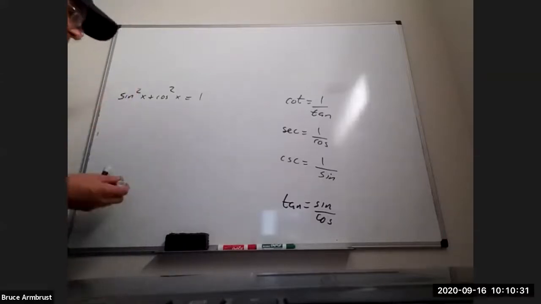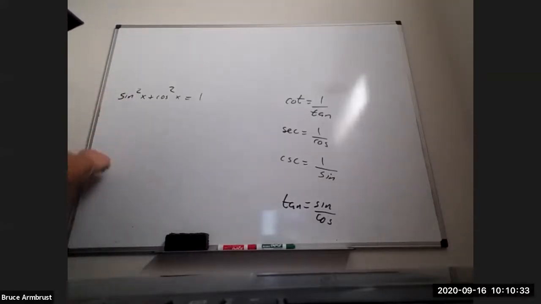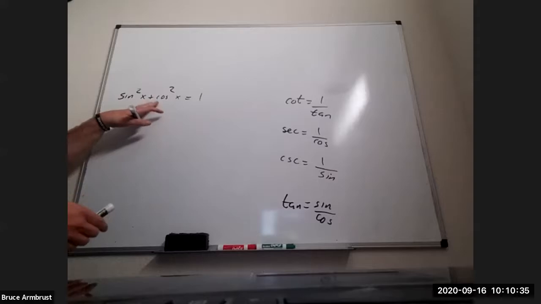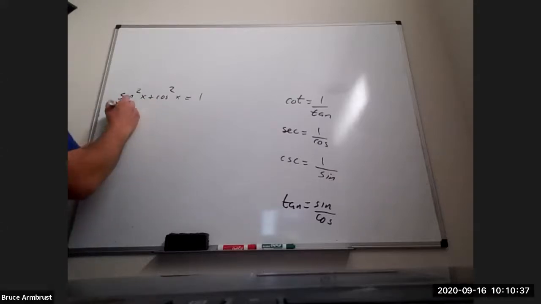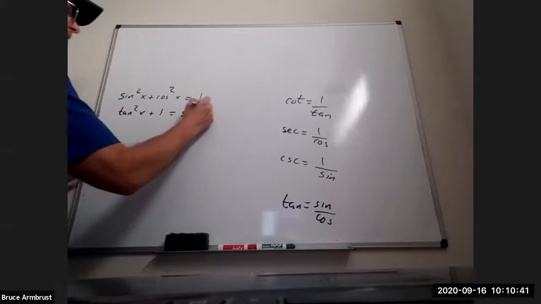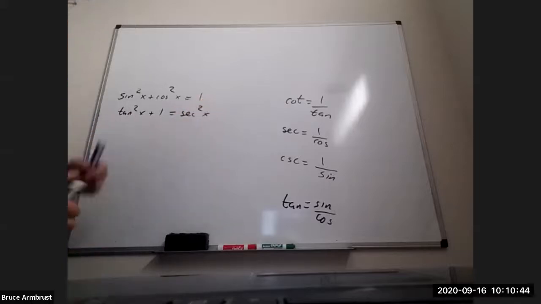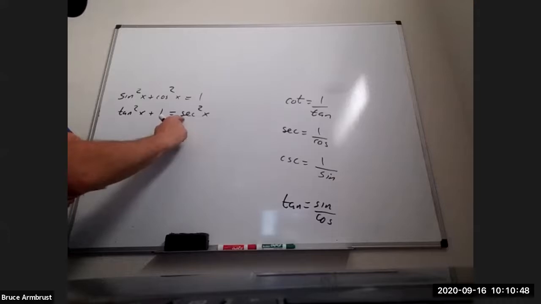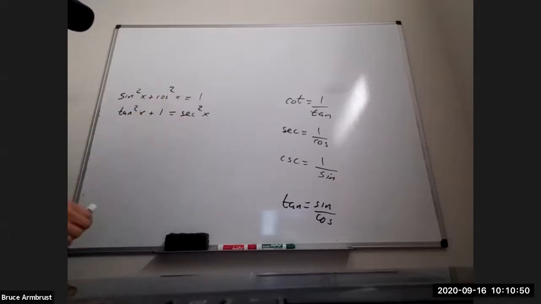Let me just show you 2 more identities real fast that are going to be useful. There's another one that's related to this. That's tangent squared plus 1 equals secant squared. You may not know that, but this one will come in handy, and it's related to that guy.